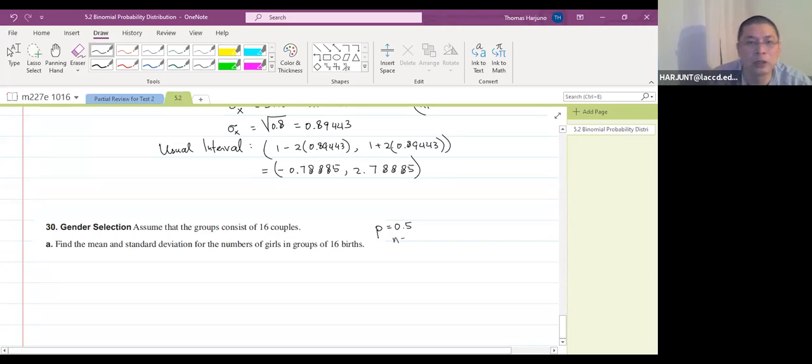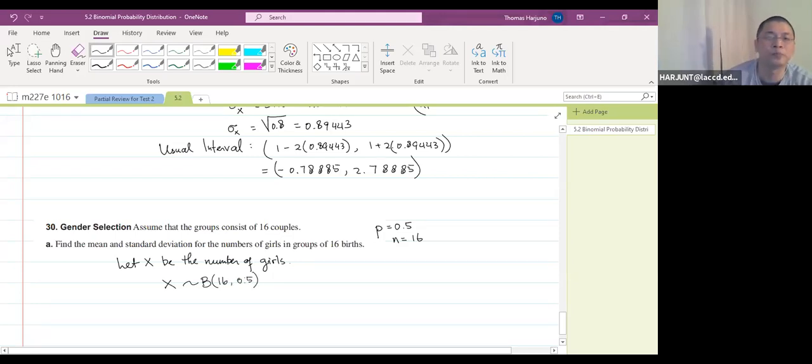So let X be the number of girls among the 16 babies from these 16 couples; X will be binomially distributed with n equal to 16 and the probability of getting a girl 0.5.